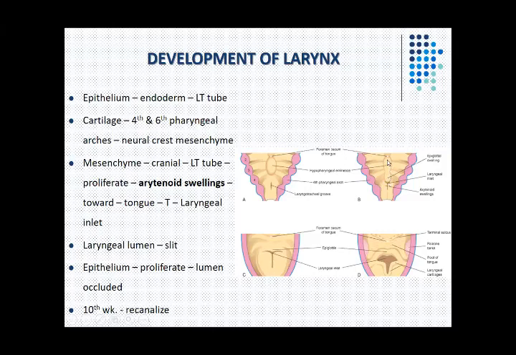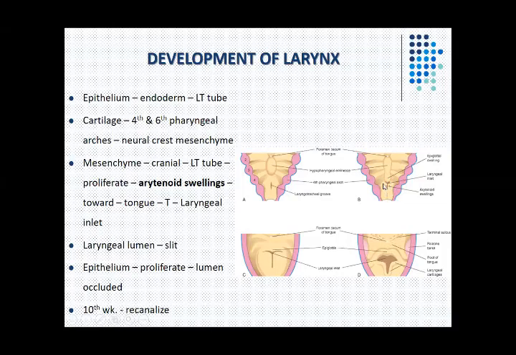This structure, this is simply mesenchyme in the midline. इसको hypobranchial eminence कहते हैं. ये जो मिडलाइन में नजर आ रहा है बेटा, this is simply mesenchyme, midline condensed mesenchyme. ठीक है, इसको hypobranchial eminence कहते हैं.